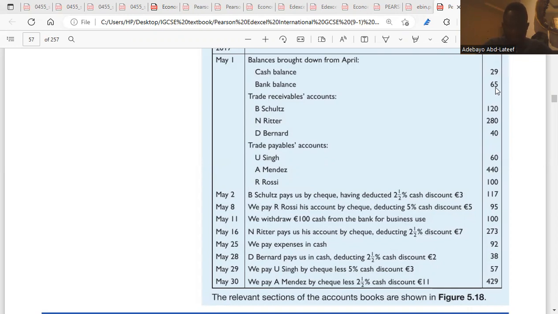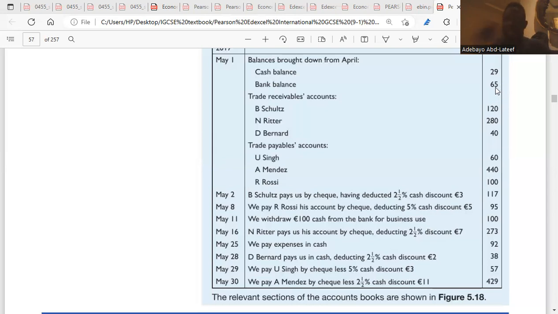Before we go further, we need to check what we have. These are the trade receivable accounts: 120, 280, 40. The trade payables accounts are for the credit suppliers: 60, 440, and 100. For May 1, our balance brought down will be on the debit side.